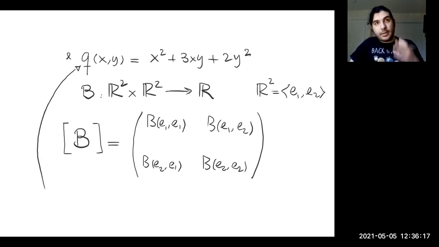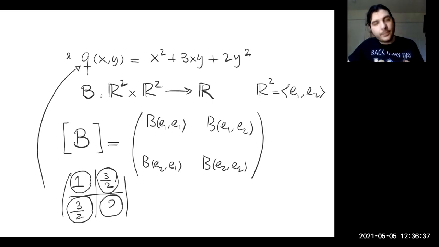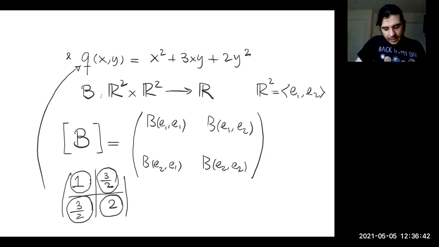What is the matrix I would assign to that bilinear form coming from this quadratic form? I would simply write down the coefficient of x squared here, which is 1, coefficient of xy here, which is 3 over 2, coefficient of yx here, 3 over 2, and coefficient of y squared here, 2. That gives me a matrix. I interpret that matrix as the matrix of a bilinear form.